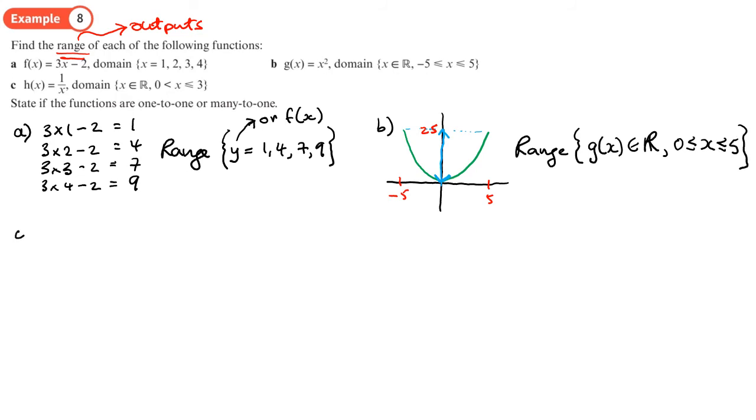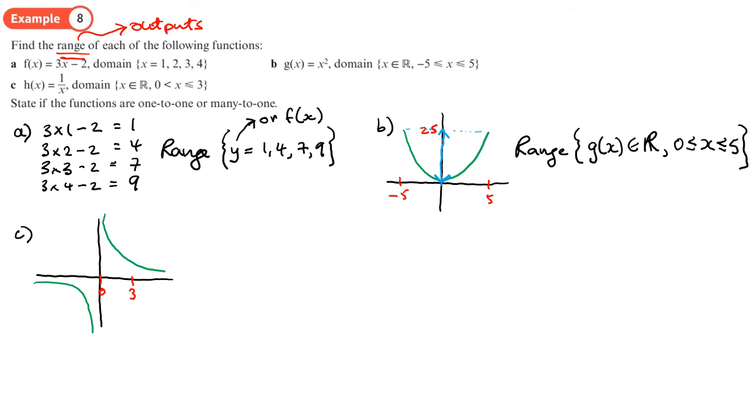And the last one, C. So again, a graph is going to help. And it's 1 over x, our function, which is like that. And we're going from 0 to 3. So our inputs are from 0 to 3.